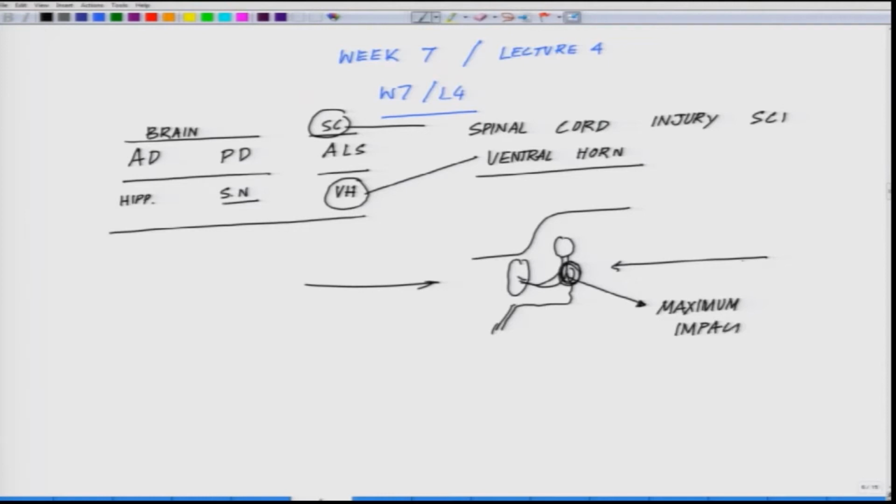and this maximum impact many a times or most of the time damages or stresses the spinal cord tissue.